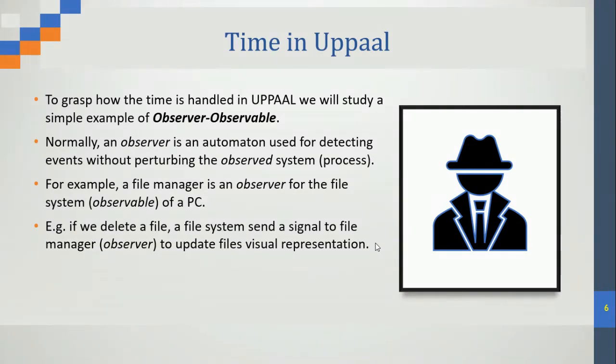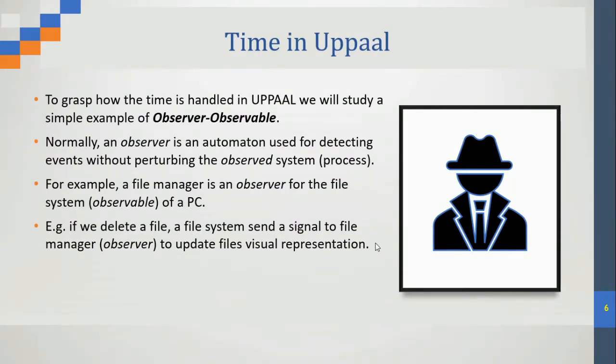We will take the simplest form of this example. We will have a loop, and once the user presses reset, the observer will detect that the user pressed reset. Just as I said, it is the simplest form.